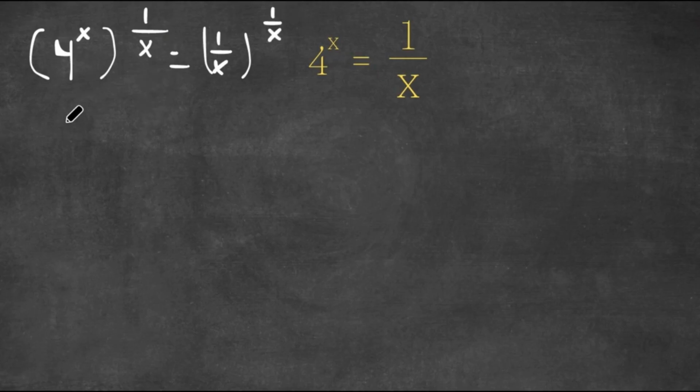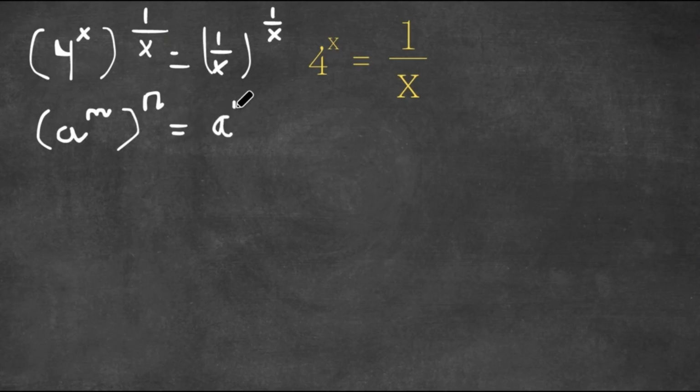Now, if we have something in the form a to the power of m to the power of n, this is equal to a to the power of m times n. So 4 to the power of x to the power of 1 over x would equal 4 to the power of x times 1 over x.